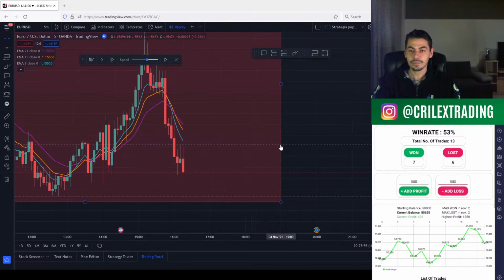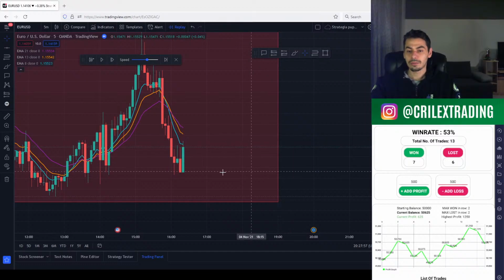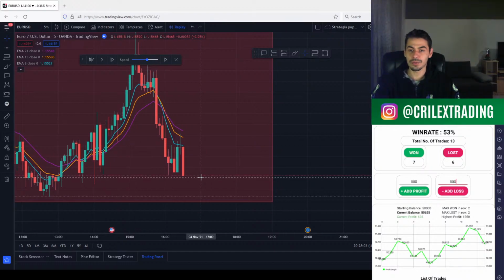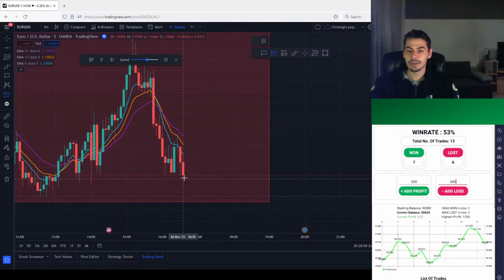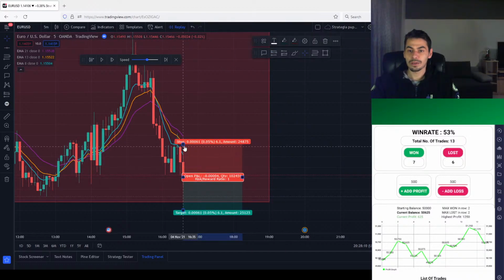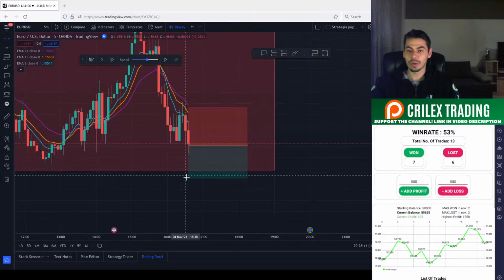Again, we would have a sell order placed right on my cursor position right here if the price goes below that value, which it does. So we will place it around this point. The stop loss will be around this point, and we will be targeting 1-to-1 to begin with.